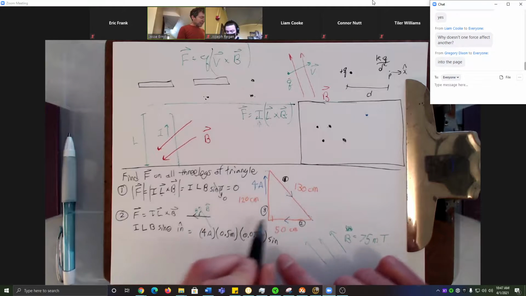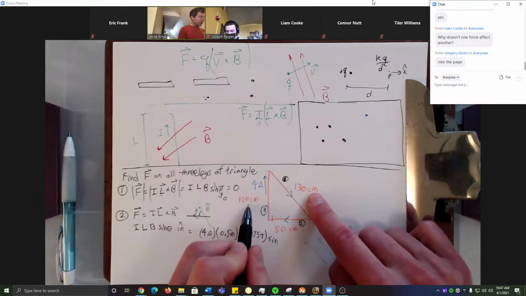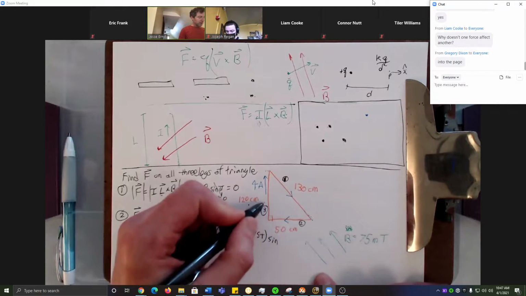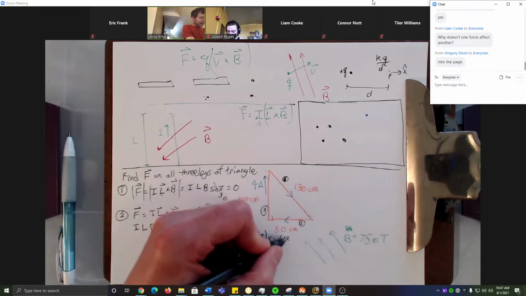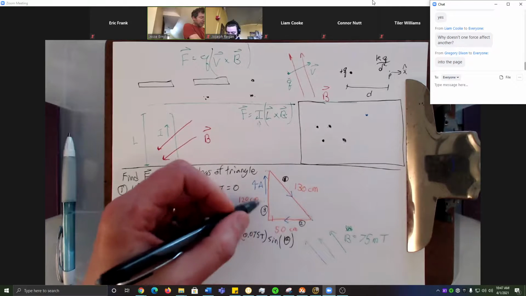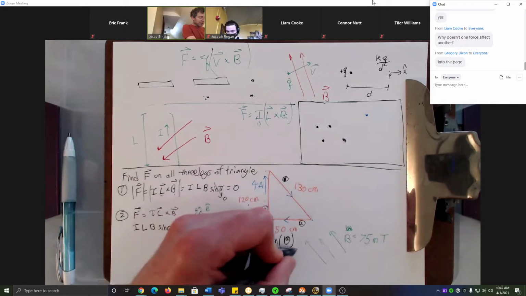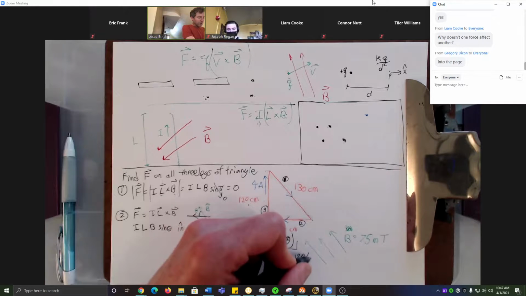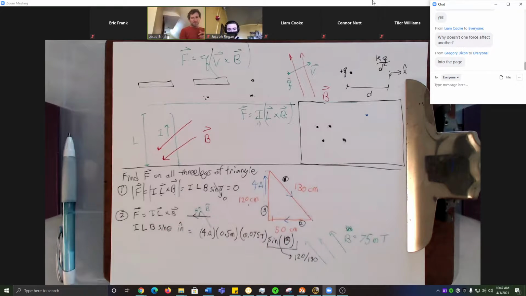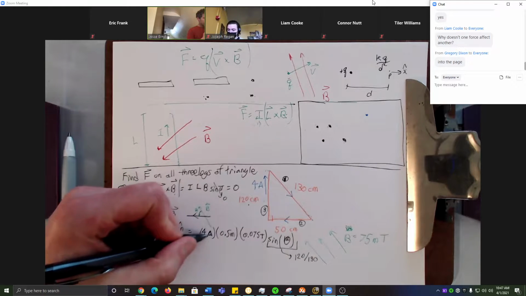Well, sine of this angle is 120 over 130, right? So it's that over that. Sorry, sine of theta is going to be that over that. So sine theta is equal to 120 over 130. All right.